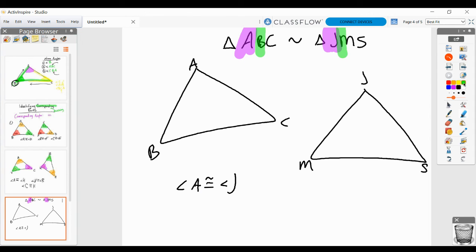Angle B would match angle M because those come second in the name. And then the last letter is C and the last letter is S, which means those two angles would match up. So angle C and angle S.